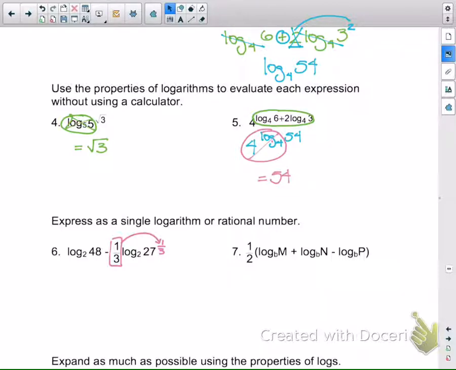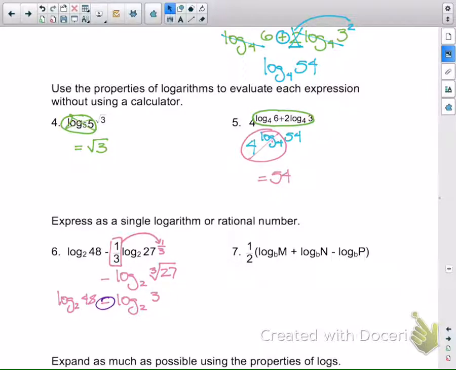So if you want to take a minute here, you can also work through that and say that's the same as the cube root of 27. Well, do we know what the cube root of 27 is? 3. You might as well simplify as you go. Then we go backwards and say what sign is in between my logs here?